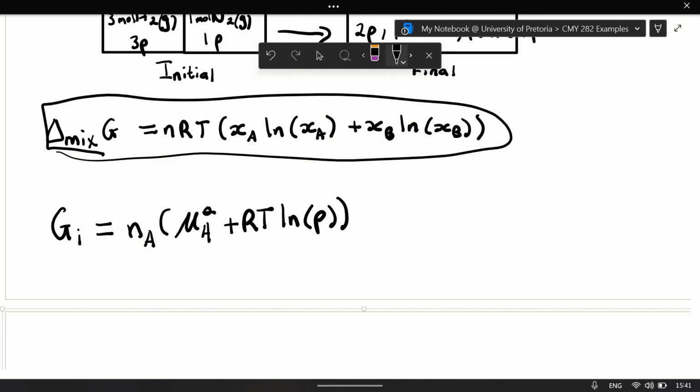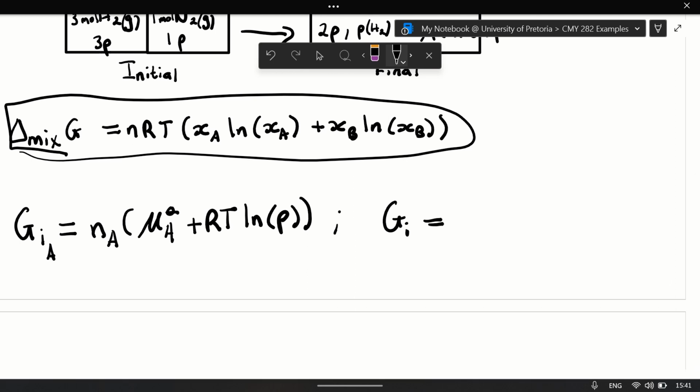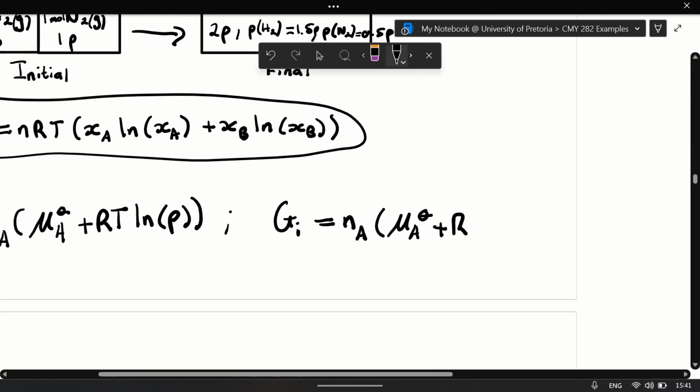So that's before we assume anything about the pressures of the gases being equal. And then in the same breath, so that's like G initial of one of the gases. And the initial Gibbs energy of both of the gases, in the separate case, is the sum of both of these quantities.